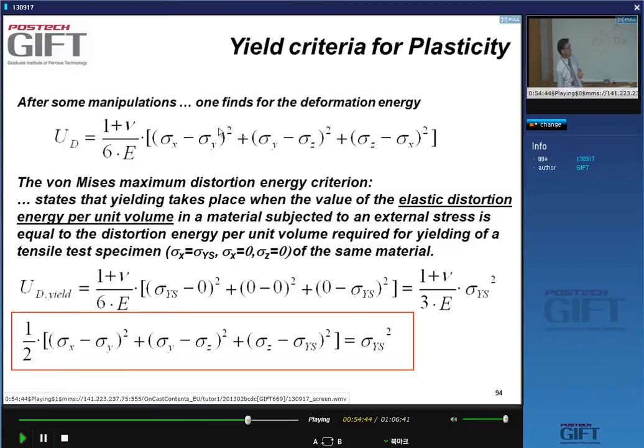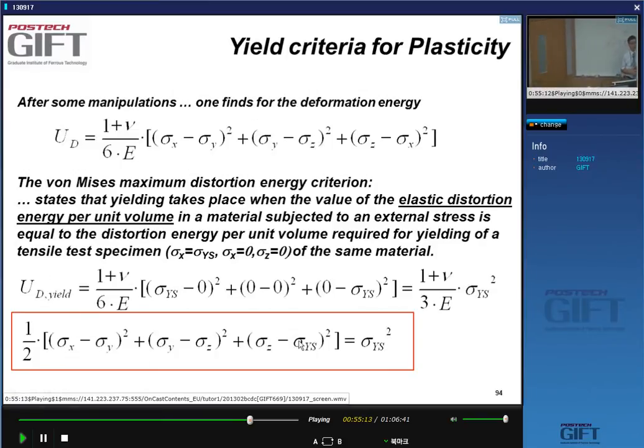If I look at these two things, this is for a general stress state, and this is for the uniaxial stress state, I can see that these constants will disappear except for a factor 1/2, and I will get this nice yield criterion.